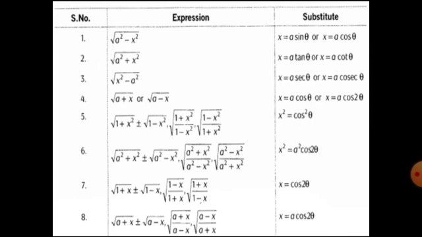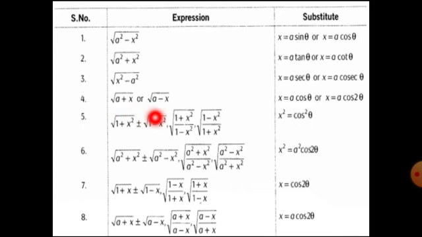Let us move to the next expression, that is square root of a square plus x square. Then x is equal to a tan theta or x is equal to a cot theta. Square root of x square minus a square, where x is equal to a sec theta, or you have to take x is equal to a cosec theta.